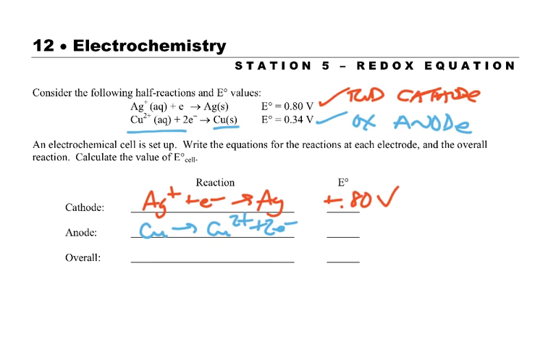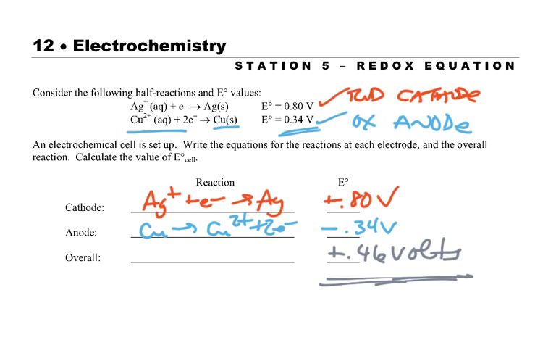And the voltage associated with that, because we have turned it around, is now negative 0.34 volts. Okay, so first off, what's the overall reaction and what's the overall voltage? Well, let's do the voltage first. So 0.8 minus 0.34 is going to be positive 0.46 volts.